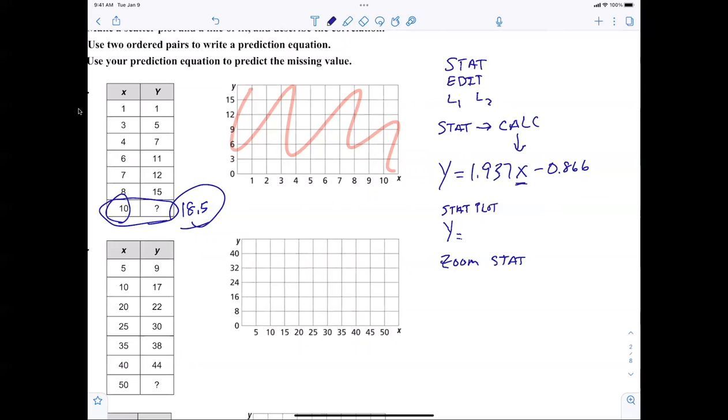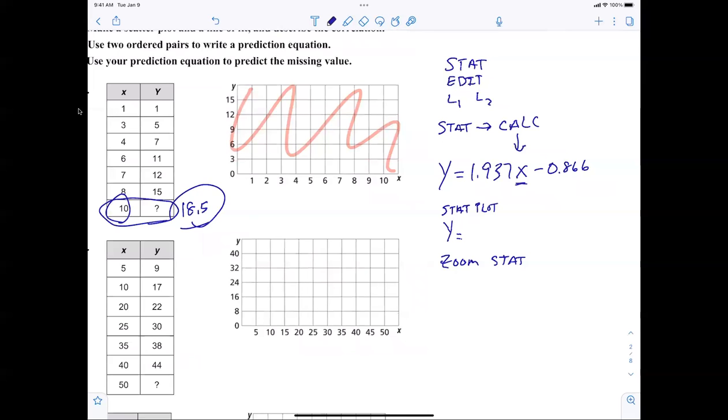Yeah, zoom 9. So if you hit zoom and 9, it'll plot the points for you. Did it plot your points? Okay, did you turn your points on? Y equals, go above. You got to hit the up arrow and hit enter. Now it should be highlighted dark and then go to zoom 9 and it worked.